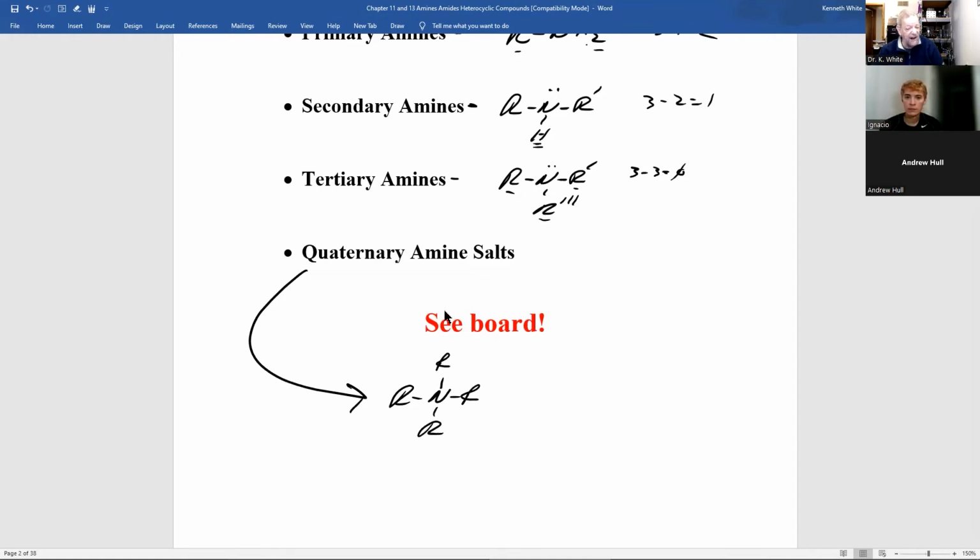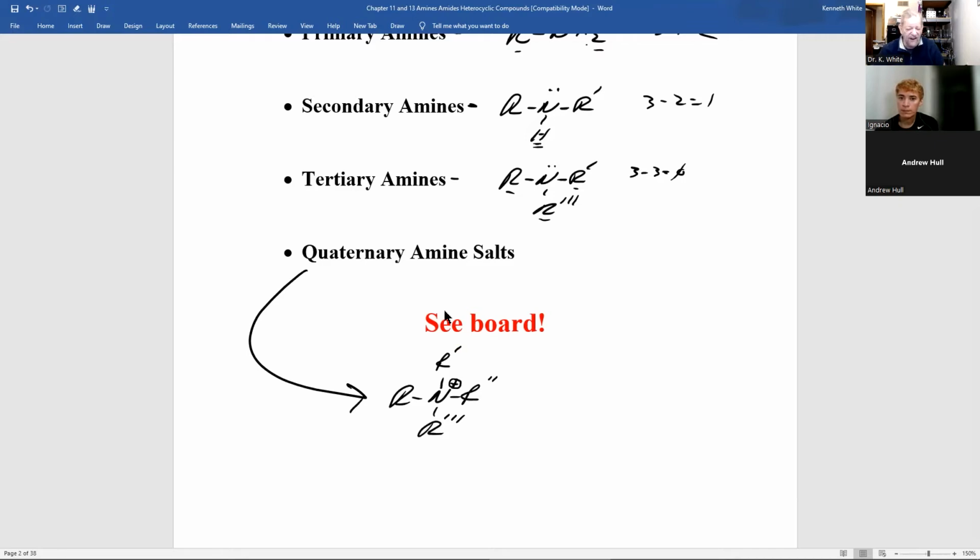And here you can now have 4 bonds to nitrogen. But when that happens, since nitrogen is providing both electrons in that bond, it will have a positive charge. All molecules in nature have a net 0 charge.